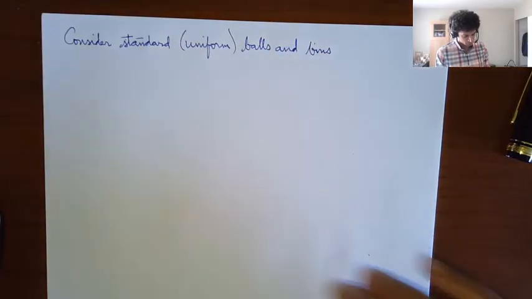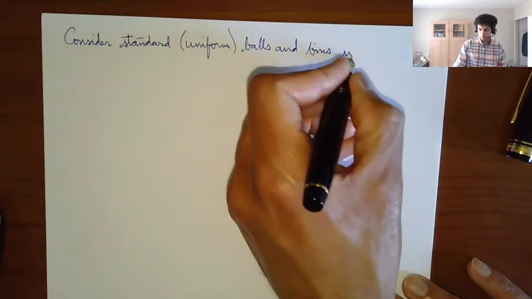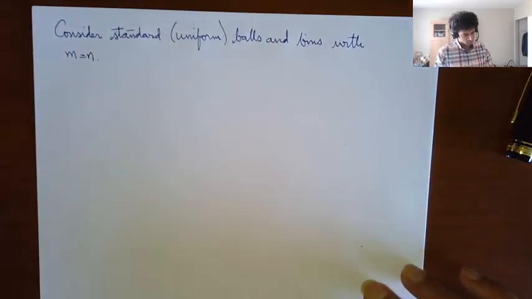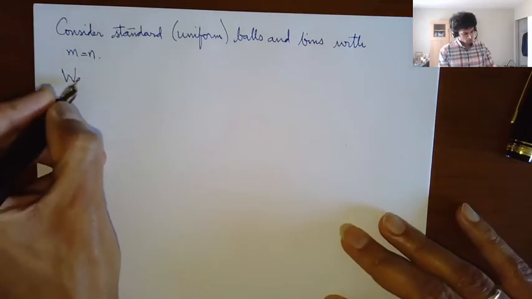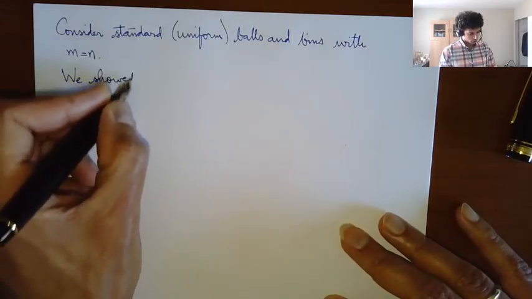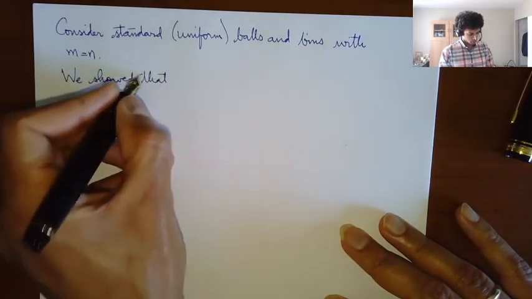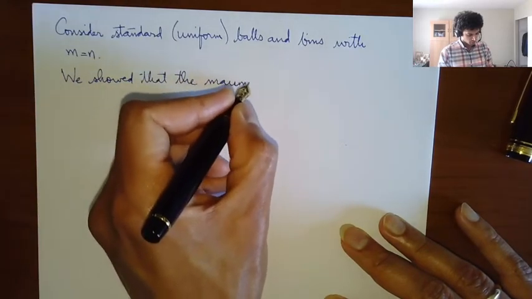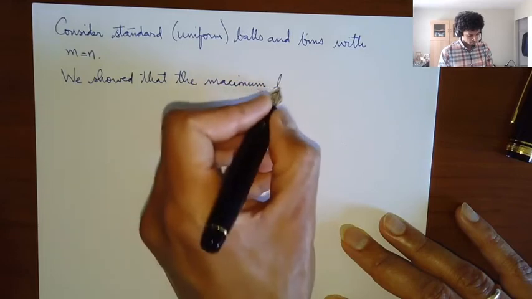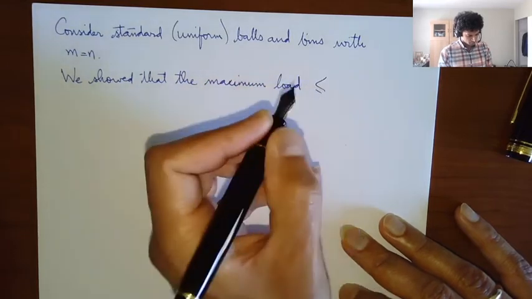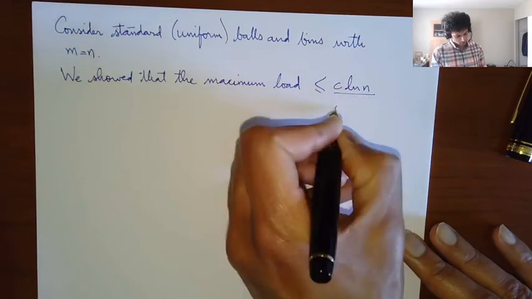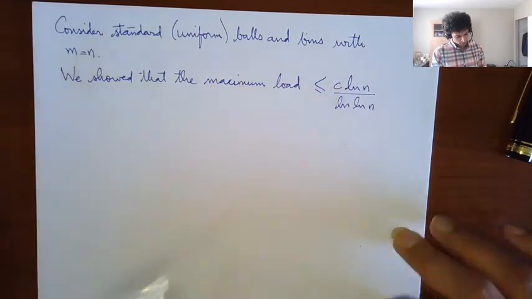Right, so let's do the uniform balls and bins with m equal to n. So we showed that the maximum load was at most some constant times log n over log log n.